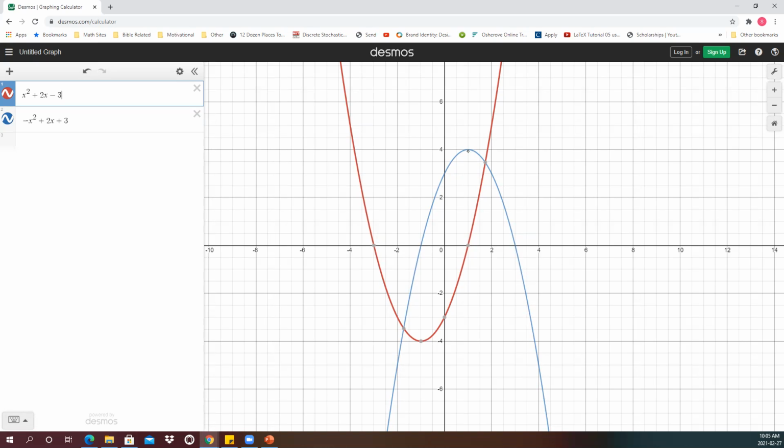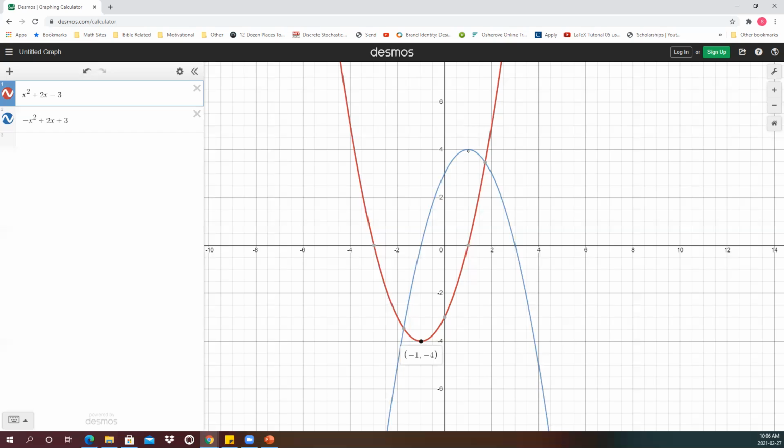So you look for the lowest point, which is right here. I've put a black dot there, and you can see that it is negative 4. That's just how you find it on the graph, it is as simple as that. You find the highest or the lowest point, and then you read off the y coordinate for that point, and that's how you find your maximum or your minimum.